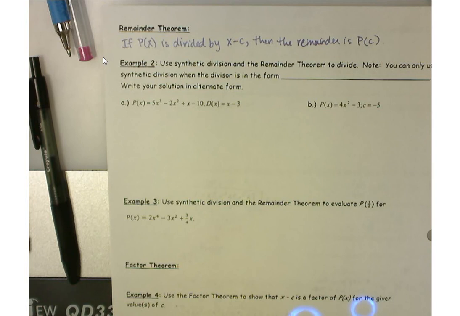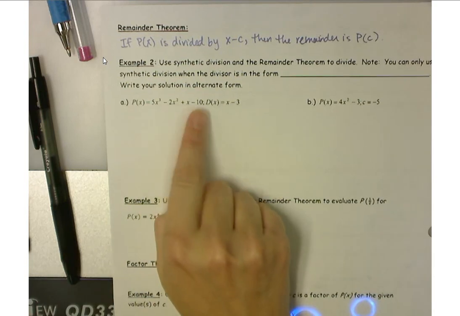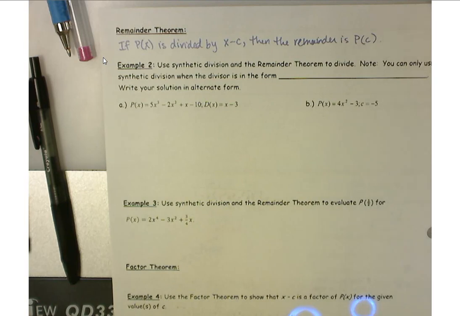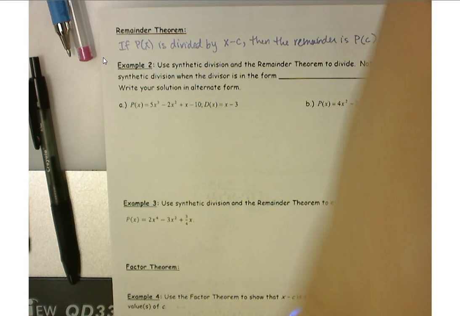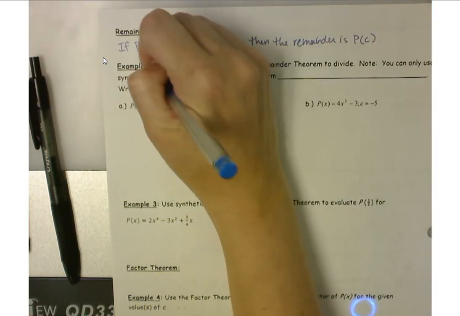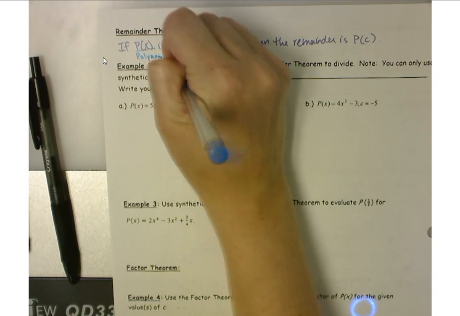Let's start with what is P of X, right? So if you look at example 2, you can see this is a P of X, this is a P of X. P of X is just going to be a polynomial, okay? So when we're talking about P of X, we are talking about a polynomial.